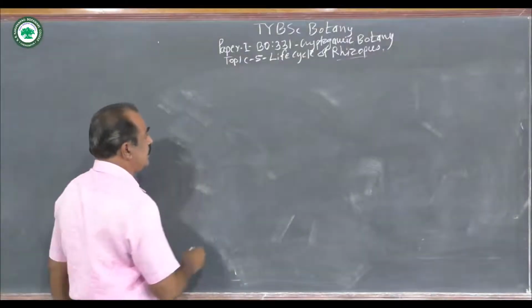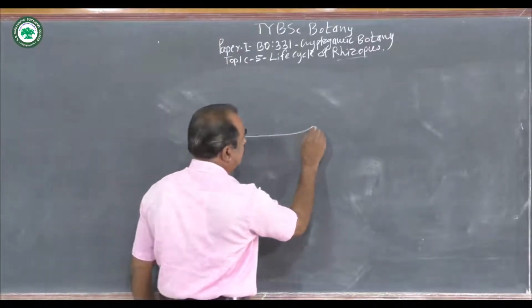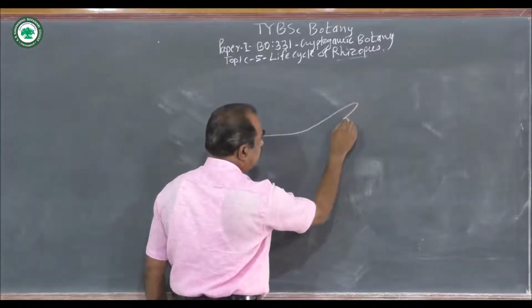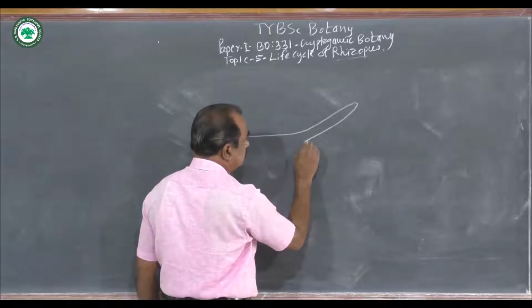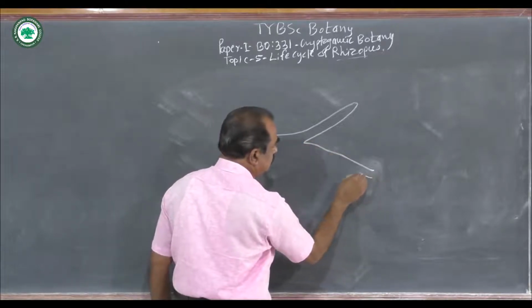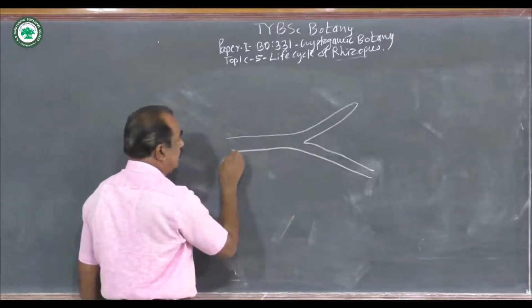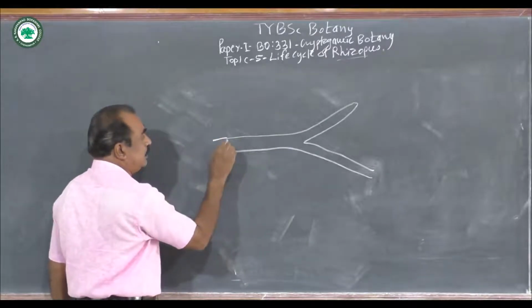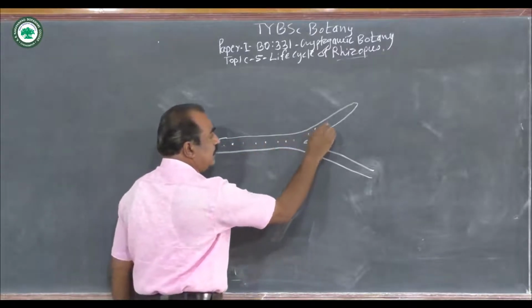Now, thallus structure. This is branched, white in color. It is tubular, it is coenocytic, it is multinucleated.